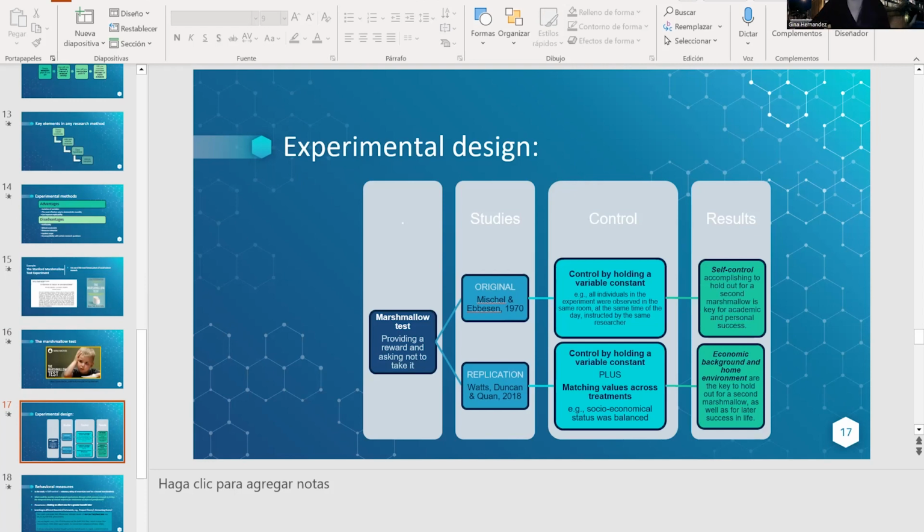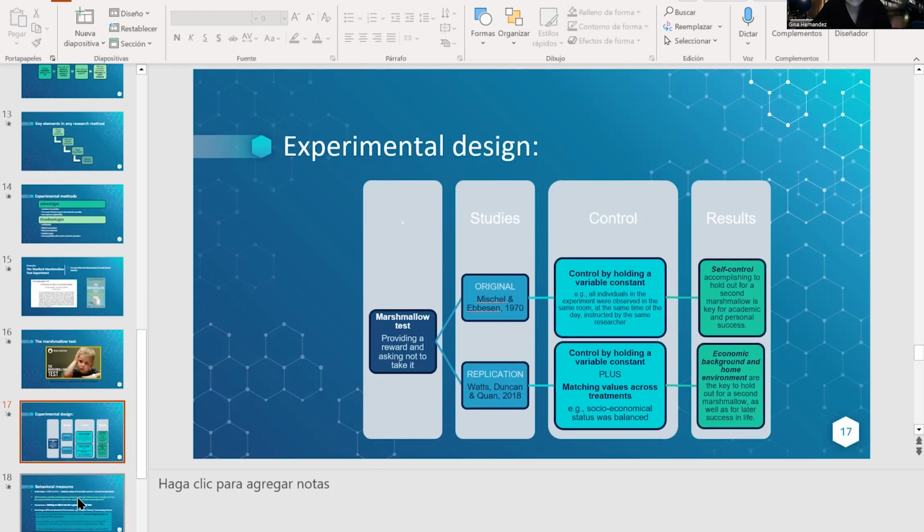So they were actually really careful, and they found that the one that has to do with socioeconomical status was the one that was actually accounting for the variance. So in the second design, they were more careful, and they were actually able to find that it's not about self-control.